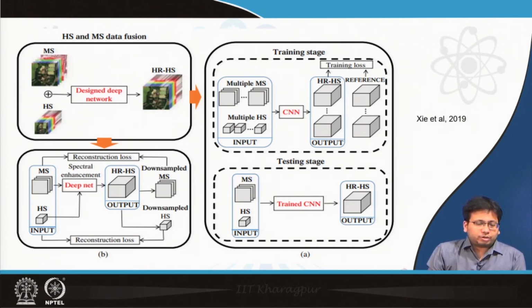So, we need what is known as a reconstruction loss. To measure these quantities, the output image is first spatially downsampled to the same spatial resolution as the hyperspectral image, and then compared to the input to see if the spectral properties are maintained or not.